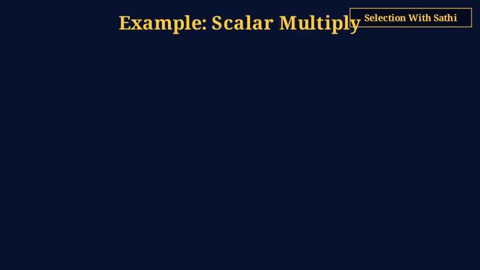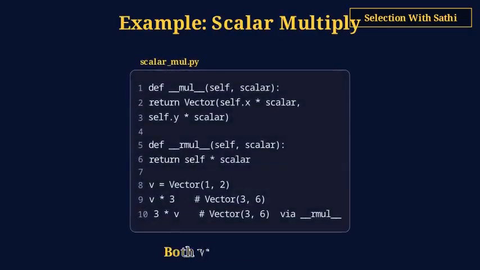For scalar multiplication, we need both __mul__ and __rmul__. __mul__ handles v times 3, multiply each component by the scalar. __rmul__ handles 3 times v.